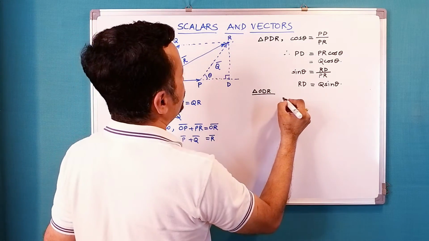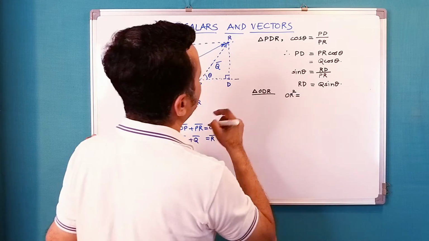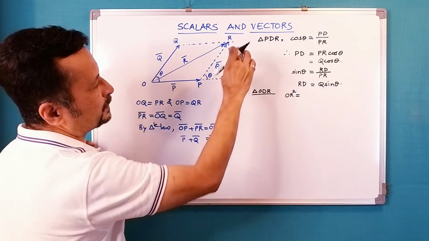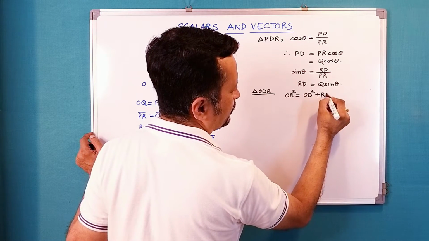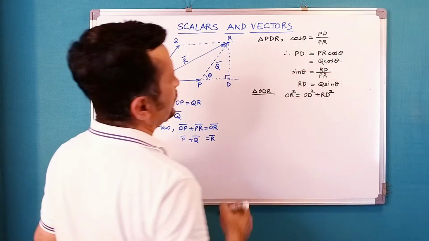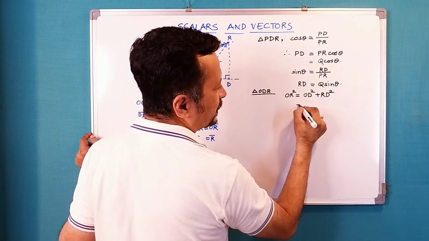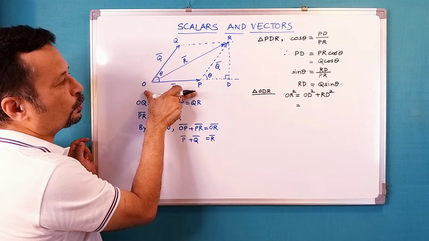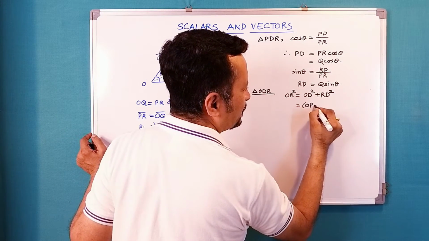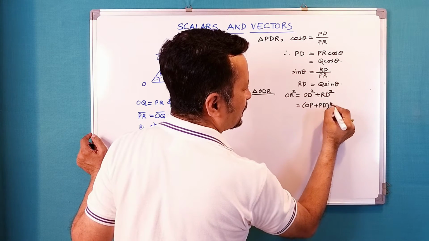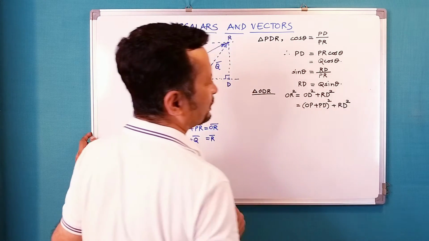So I would say OR square is equal to OD square plus RD square. But then what is my OD? My OD, is it not OP plus PD, correct? So (OP plus PD) square plus RD square.